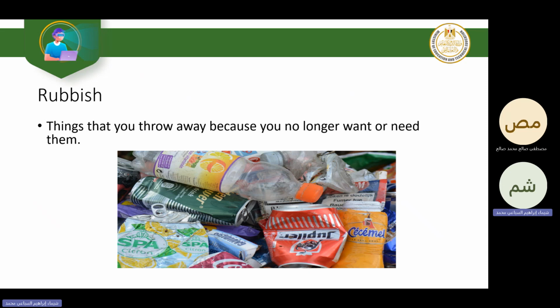And the last word here is the word rubbish. Rubbish, things that you throw away because you no longer want or need them. So anything you throw away and you don't need, it's rubbish.